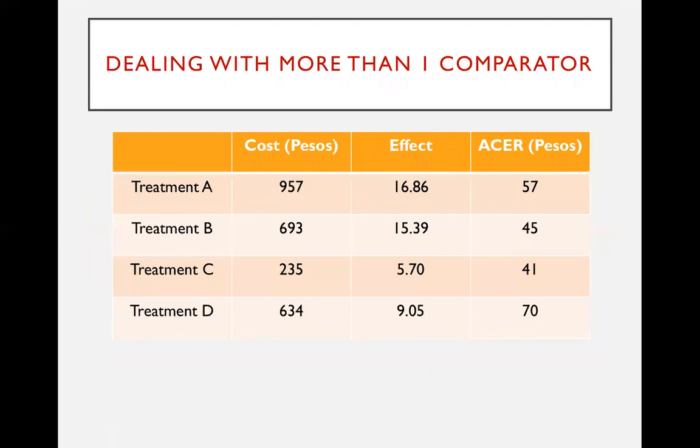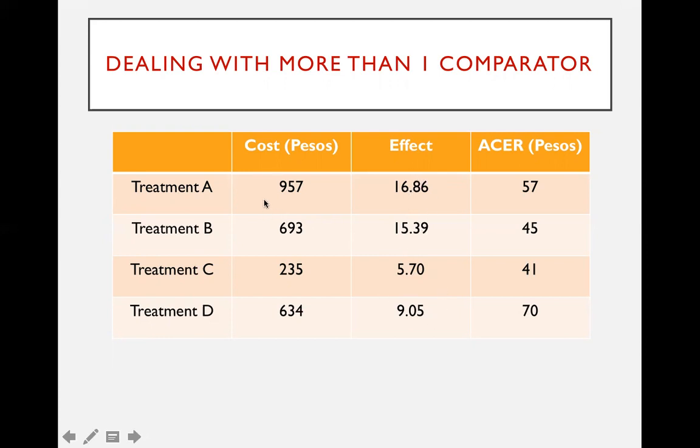Now, how about comparing more than two drugs? If we're dealing with more than one comparator, what we can do is line them up, calculate all their costs, and calculate their average effects. The effects in this study are the number of disease-free days.